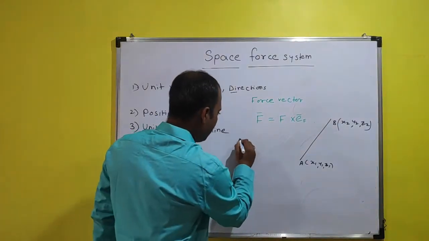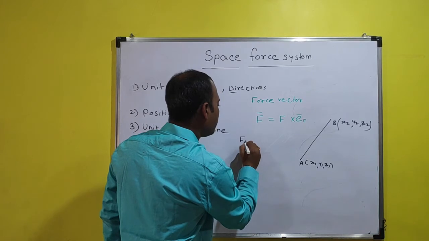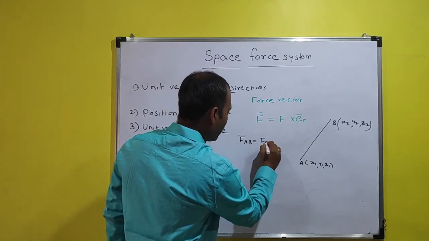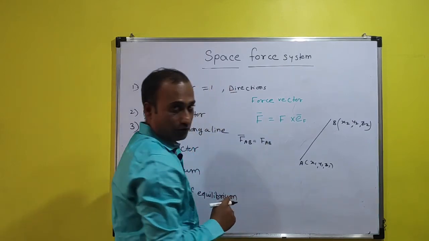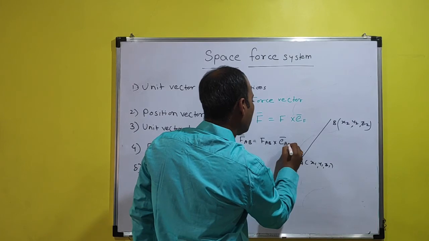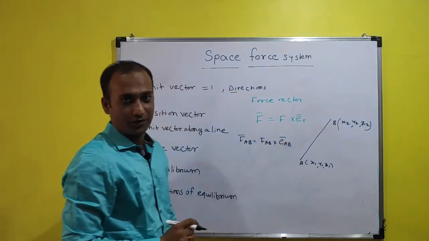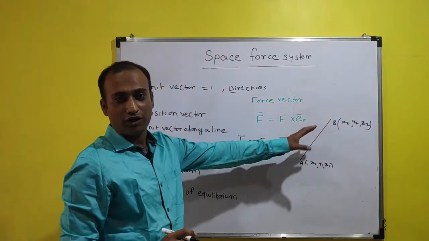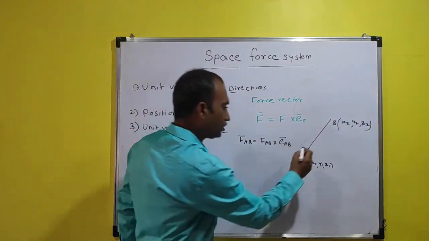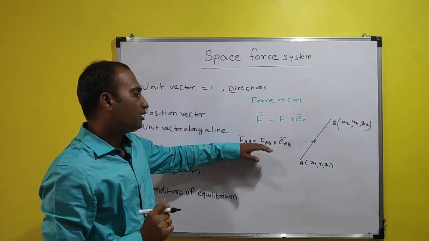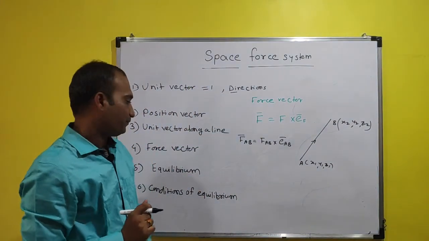Force vector AB is equal to the magnitude of this force vector multiplied by the unit vector of that line AB. So this is how you can calculate the force vector for any line. If there is a force AB, then you can calculate the force vector like this.